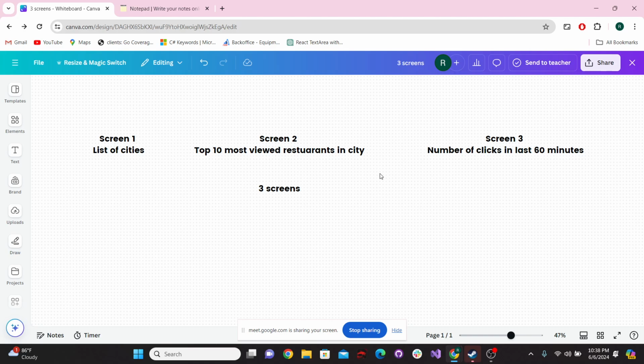If you have a small app, you will probably put it in Postgres and extract data from Postgres. But there's heavy load, there's millions and millions of requests coming in every minute in your application, right? You have to maintain the most viewed restaurants in the city. This list you have to maintain on the fly.